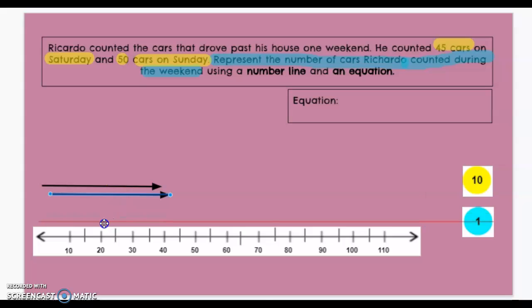So I'm going to move this down here, and I'm going to go to 45. So I'm going to make it a little bit longer, all right? This counts by tens. So you have tens, 10, 20, 30, 40, 50, 60, all the way to 110. So this middle tick mark would be 15, 10, 15, 20, 25, 30, 35, 40, 45, 50, 55, 60.